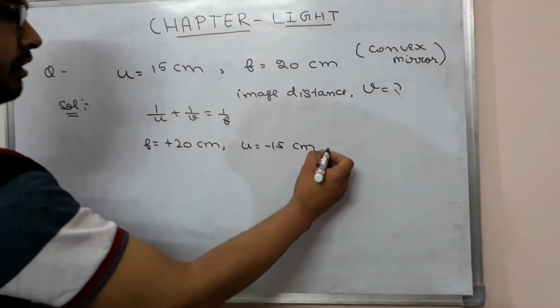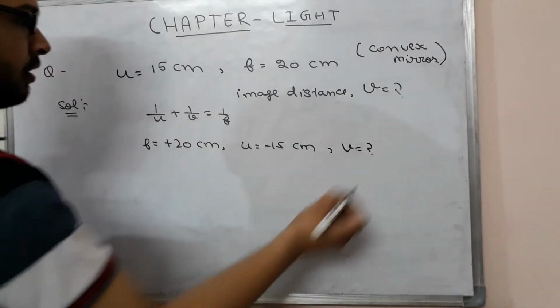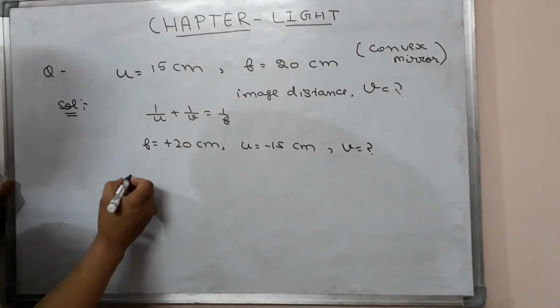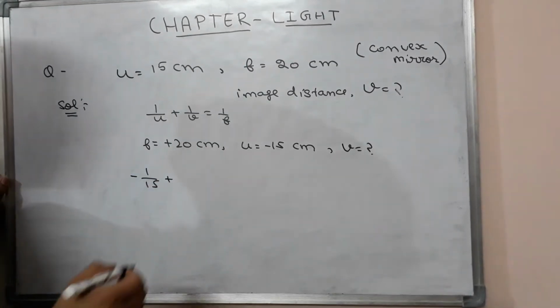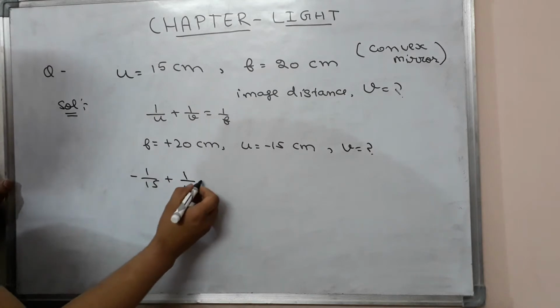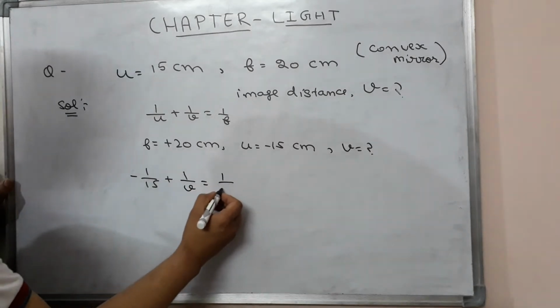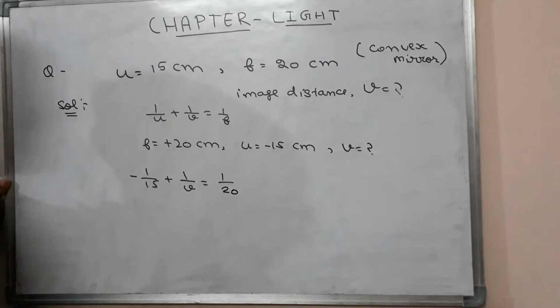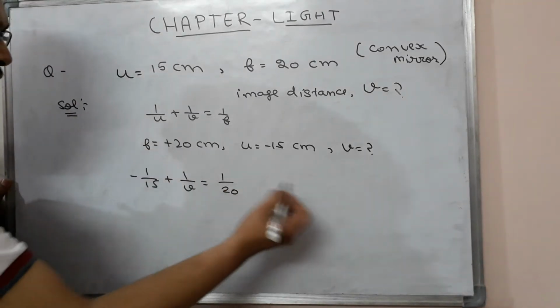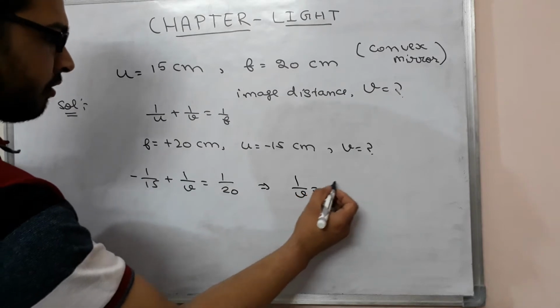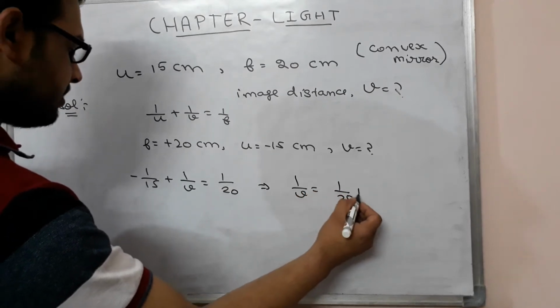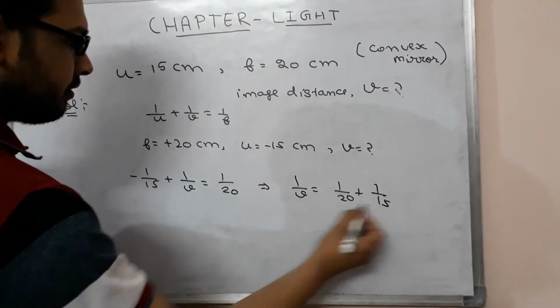We have to calculate v. Now putting these values we get minus 1 upon 15 plus 1 upon v is equal to 1 upon 20. So taking minus 1 upon 15 to this side, we will get 1 upon v is equal to 1 upon 20 plus 1 by 15.